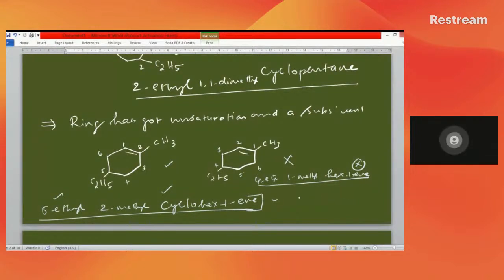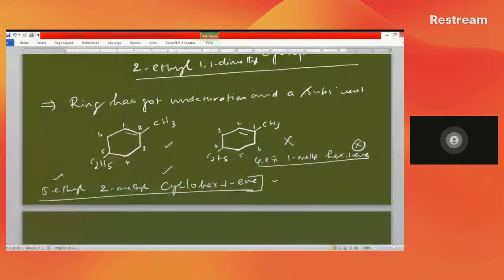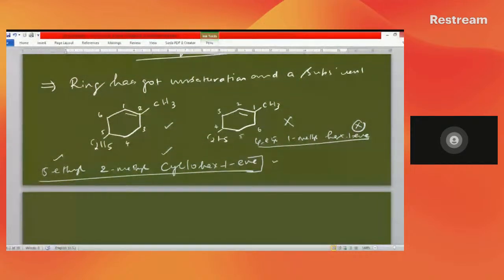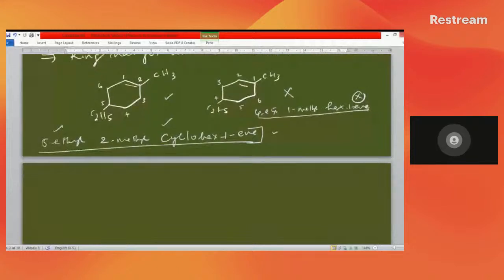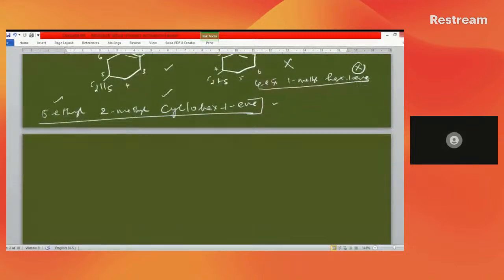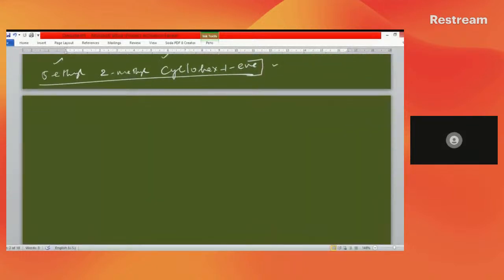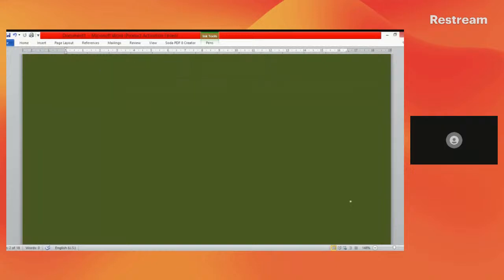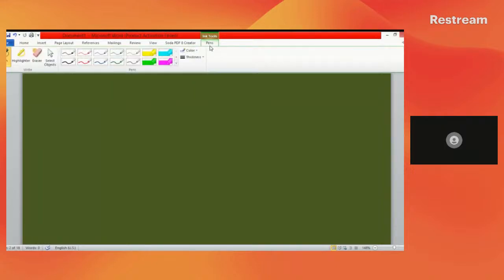And one other rule when writing the IUPAC name. So the most important rule, the next. It's a very, very important and essential thing.